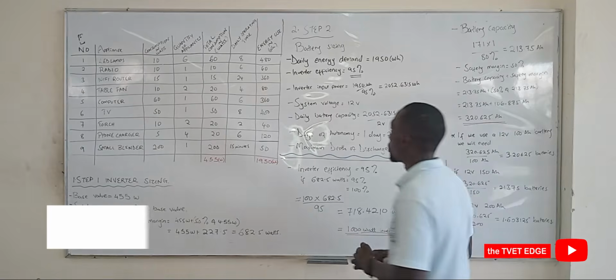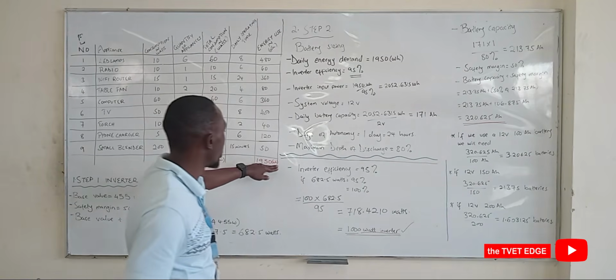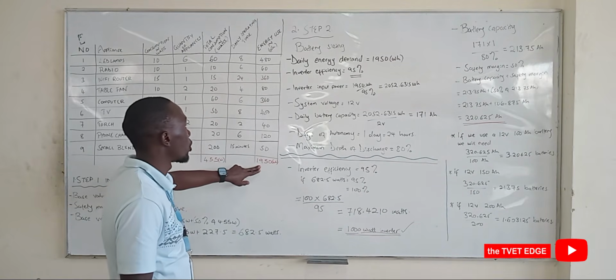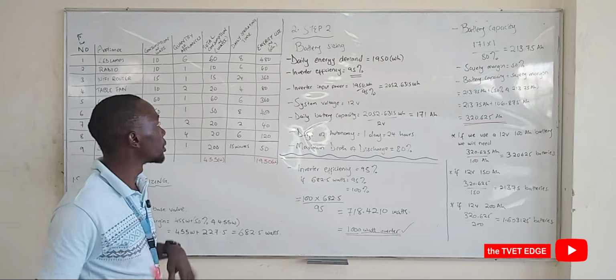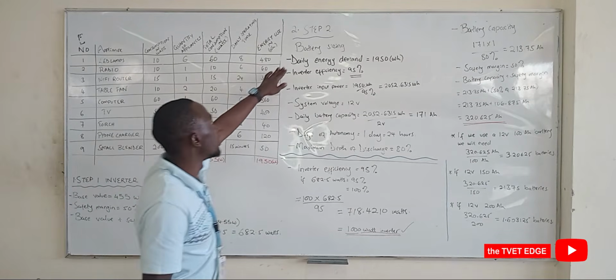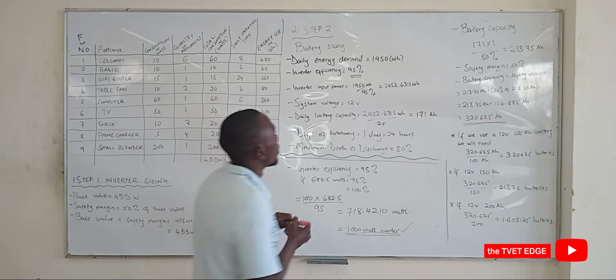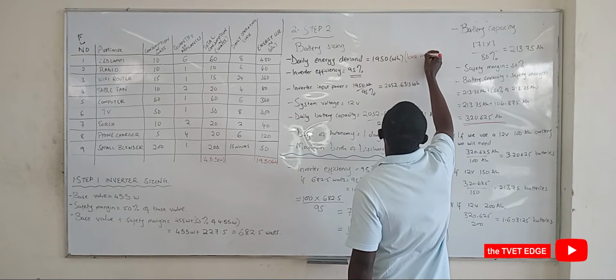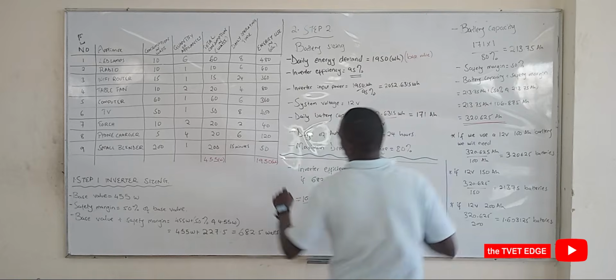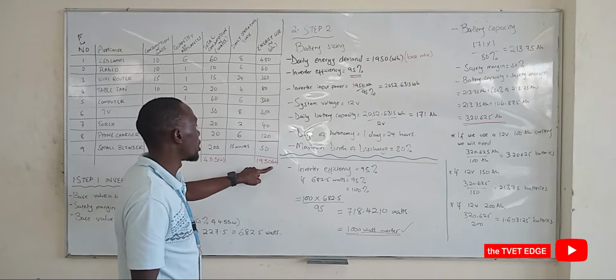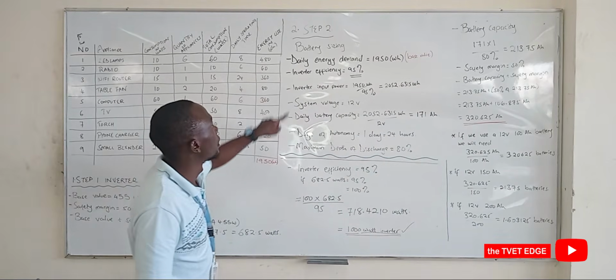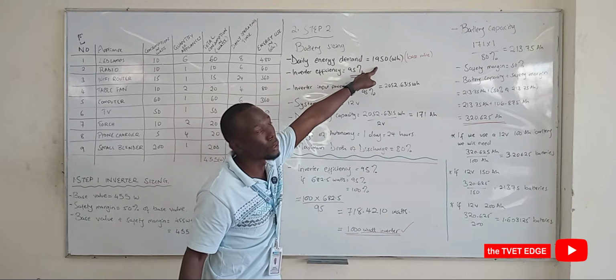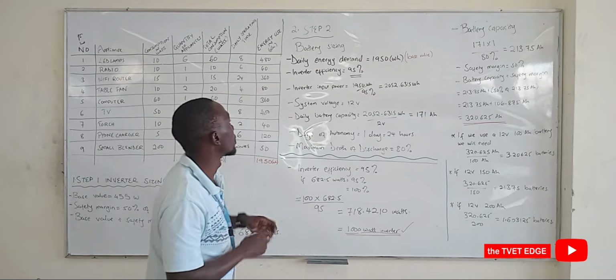Battery sizing. With battery sizing, this is the value we use to calculate the size of our battery. And how do we go about it? The daily energy demand, the base value, is equivalent to 1,950 watt hours.